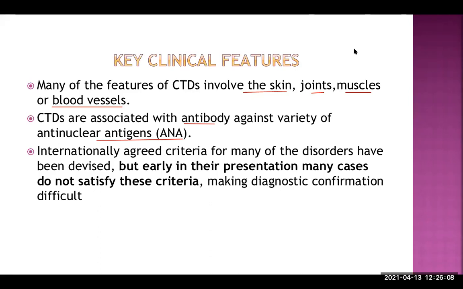Apart from that, there are a few blood tests like ANA, which is itself one criterion. Then anti-double stranded DNA, and anti-Sm antibody, called the Smith antibody. This is another criterion. And then different systems involvement like cardiovascular involvement, neurological involvement, renal involvement, hematological involvement, arthritis.